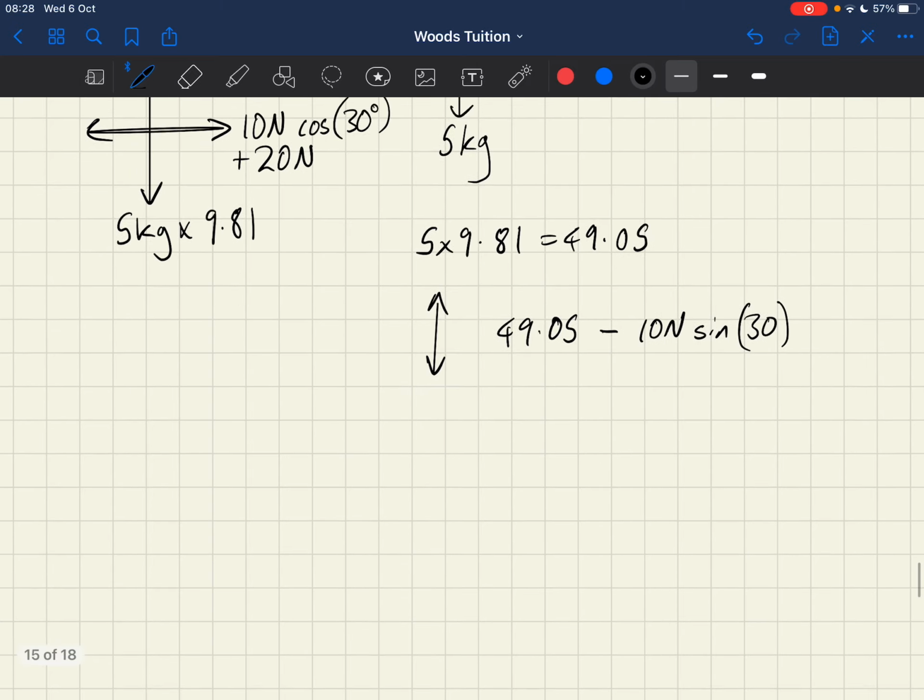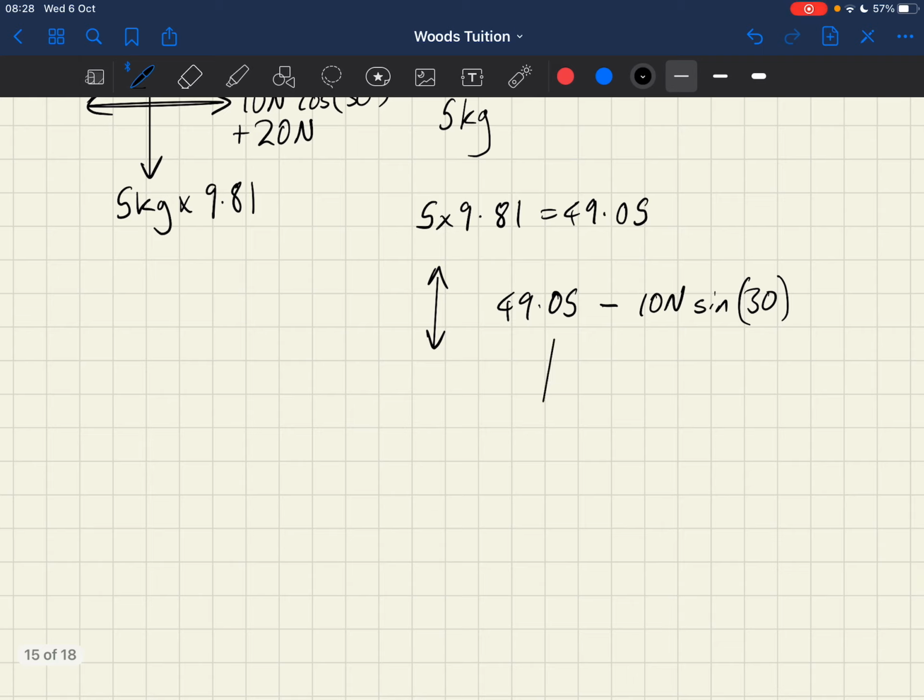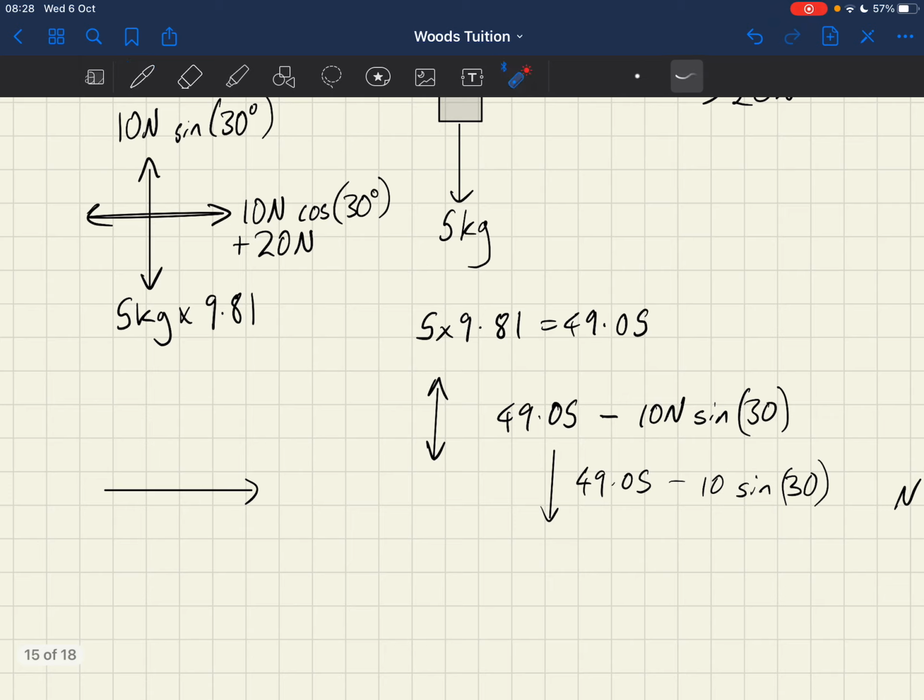Then we would end up with some vector going down, which would be 49.05 minus 10 sine 30, in newtons. Then going to the right, because we don't have anything to the left, so that's just 0. So going to the right, we would have 10 newtons cos 30 degrees plus 20 newtons.